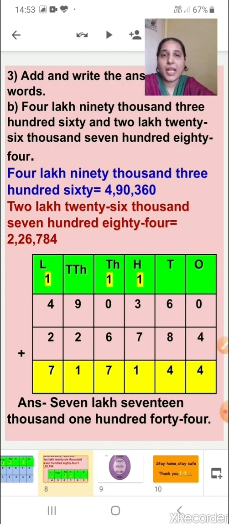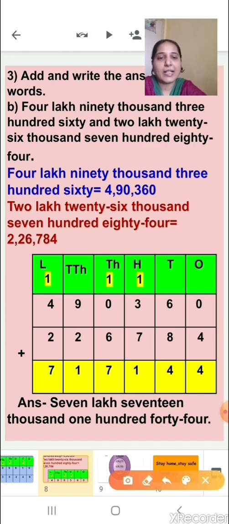4,90,360 and 2,26,784. So two numbers are being given which are given in words. So first we will convert these numbers into numeral. So the first number is 4,90,360. So we will write that number in the form of numeral, which we have written here.